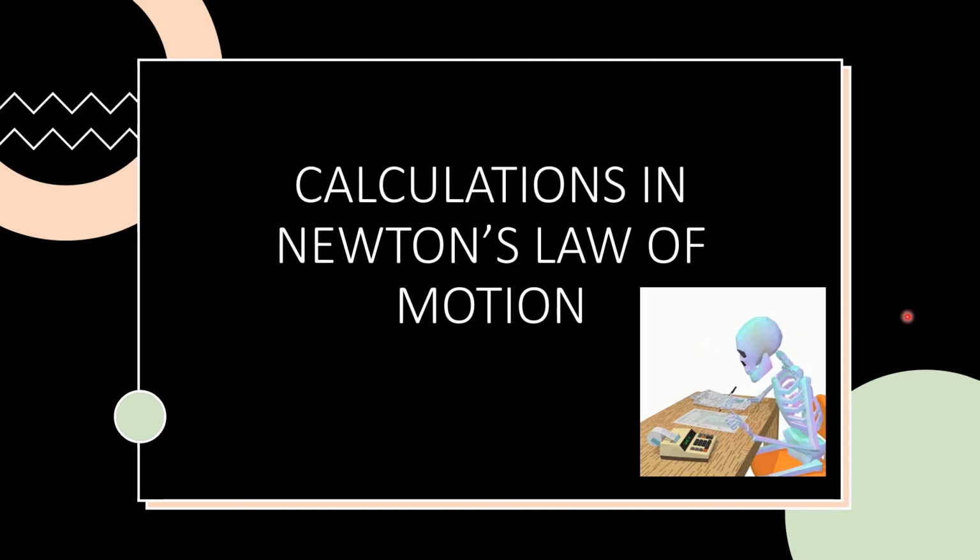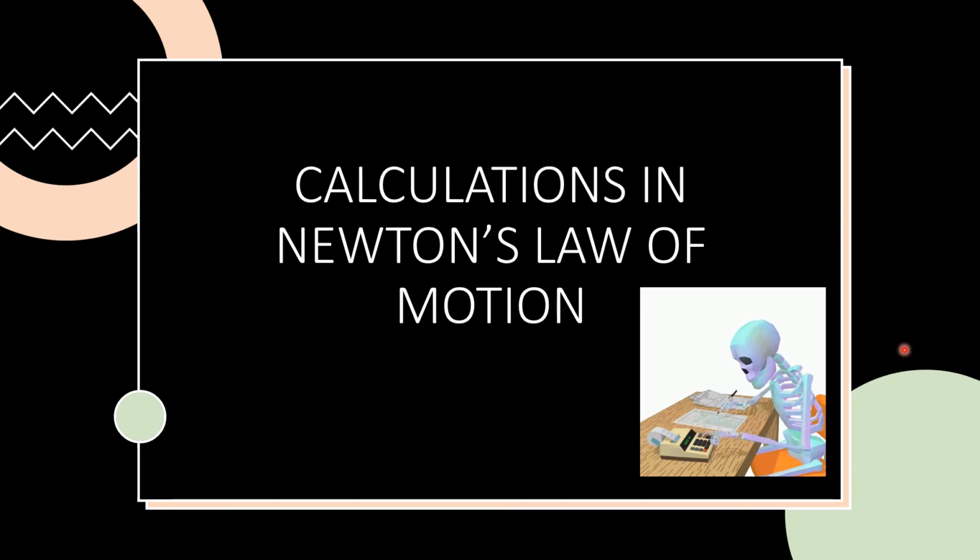It says that force is directly proportional to mass and acceleration, but mass and acceleration are inversely proportional. So the equation for the second law is F is equal to ma. And for third law of interaction, for every action, there is an equal and opposite reaction.